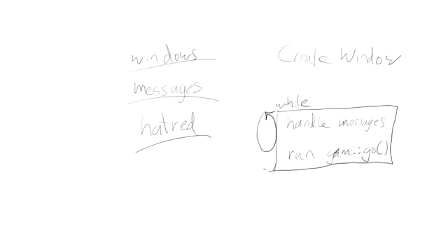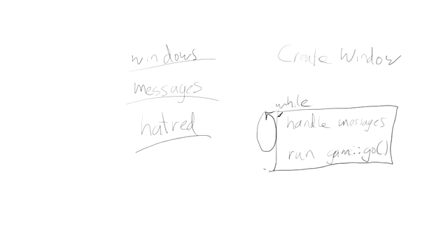Every time you run game.go, the game will draw a frame on the screen. That's basically how most simple game programs work in terms of Windows. You create a window, and then you handle messages, and you handle your game code.